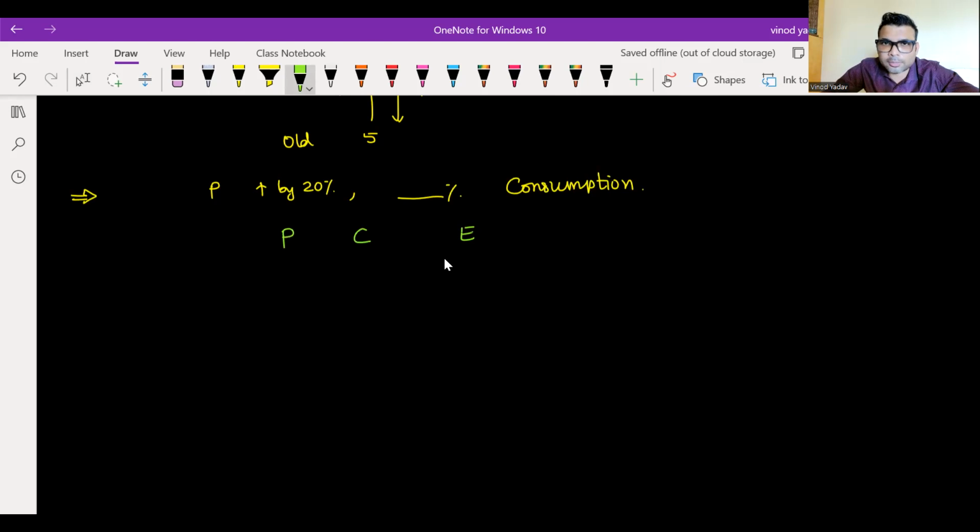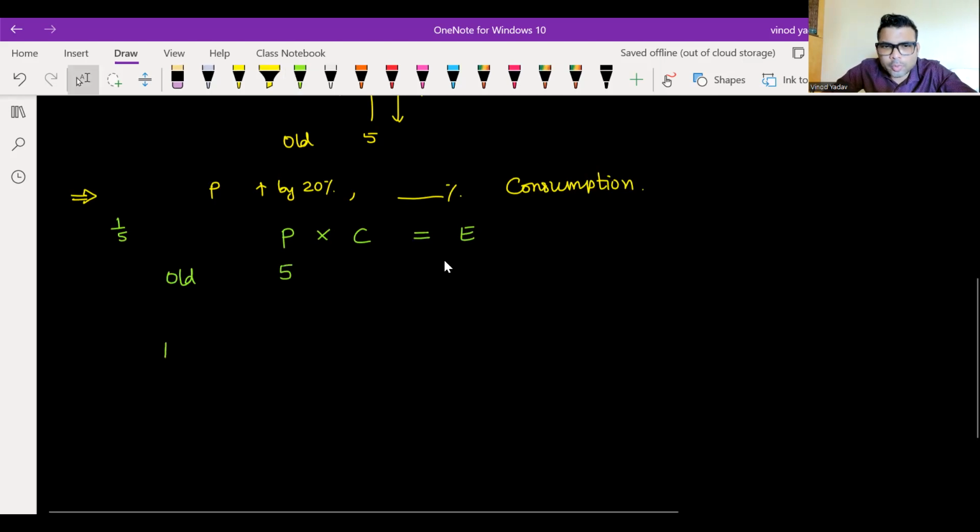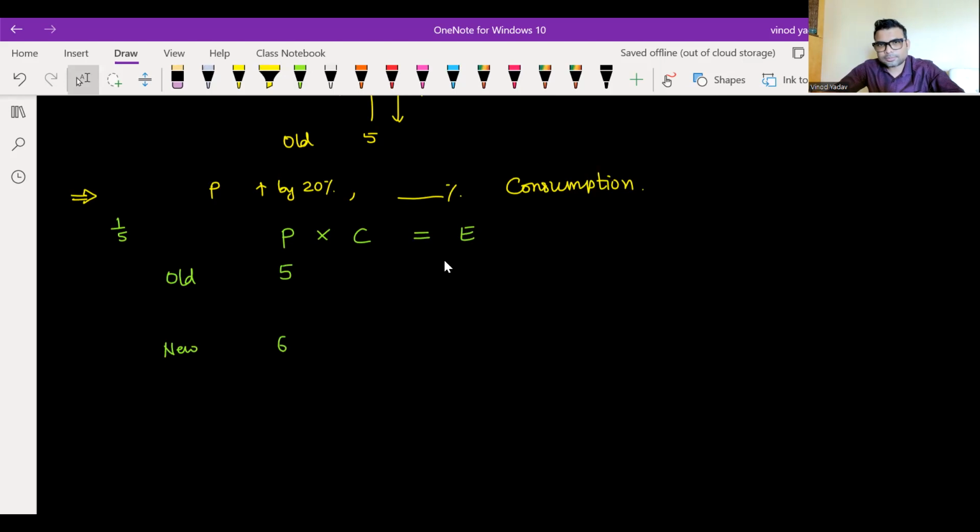You know how to relate them, right? Price into consumption is expenditure. Price increased by 20%. Now 20% is 1 by 5. So base is 5. So if the old price was like 5 parts, 5 rupees you can say, so new price is 1 part more. The new price is 6.